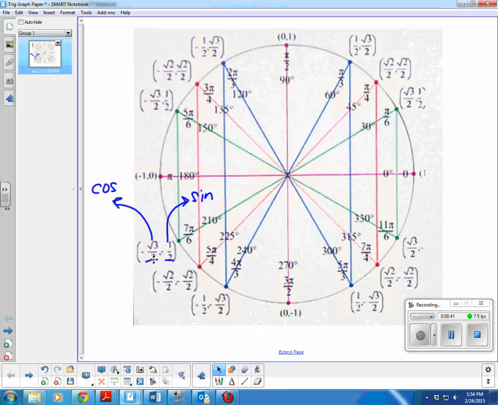What I would have had you do yesterday is measure how far this point is along the x-axis. So cosine, you would measure how far the x distance is away. Then you'd measure pi fourths. Then you'd measure pi thirds. Okay? And you'd measure pi halves. Well, how far is pi halves from this? It's on it, right? Then you'd measure this distance and you do all of that.